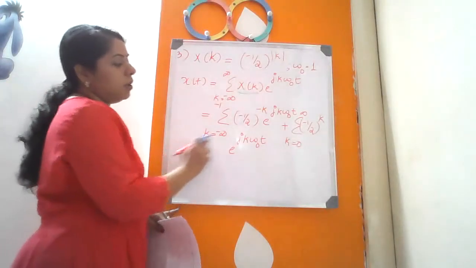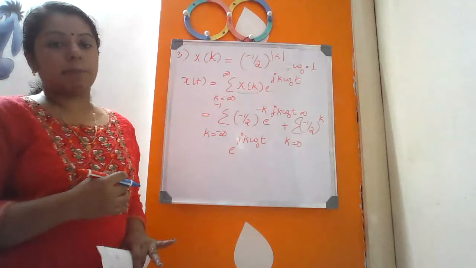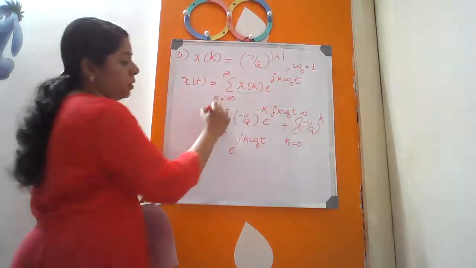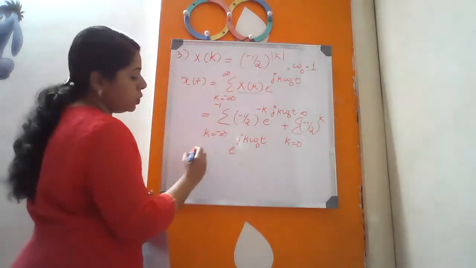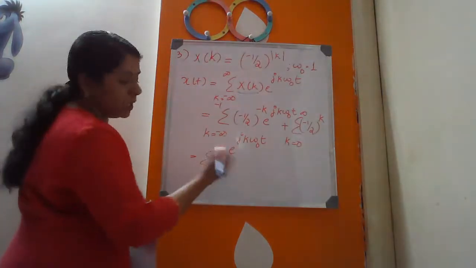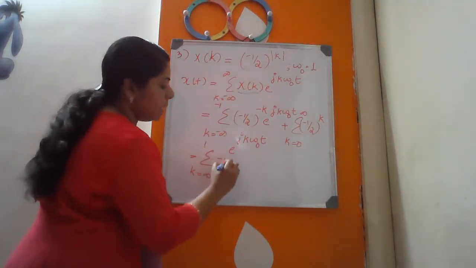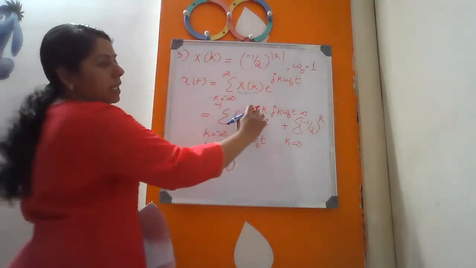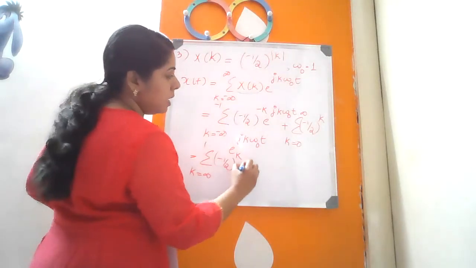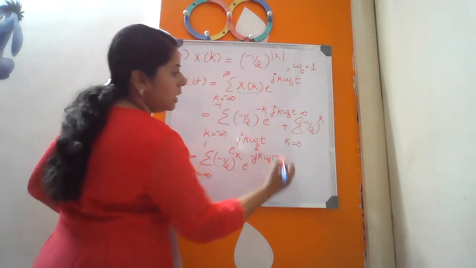Okay, but this we cannot directly solve. So what we are doing is, let us substitute k equal to minus k. I am doing this for this part alone, not for the second part. Okay, so if I am substituting that, this equation will become summation k from infinity to 1, minus and minus will get cancelled, minus 1 by 2 all power k, here it was minus k, we substituted k equal to minus k, so this will become plus e power minus j k omega naught t.